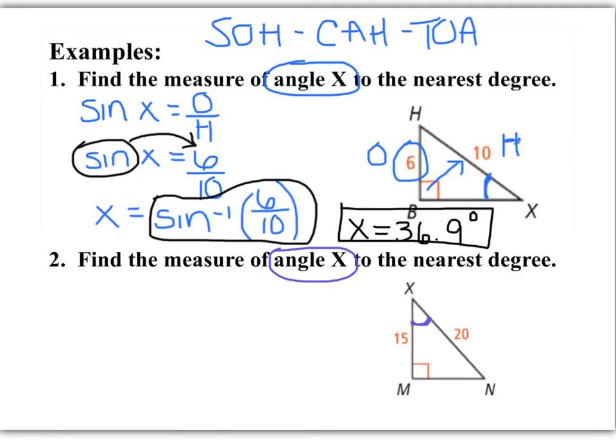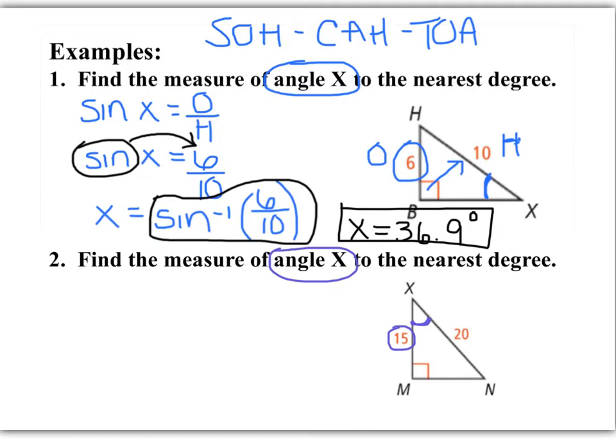So let's look at where our sides are in the triangle. I'm going to start with the 15. Now, I know that the 15 is not the hypotenuse because it is not opposite the 90-degree angle, and I notice that the 15 is touching the angle. Remember that we talked about yesterday, the definition of the word adjacent is next to or touching.